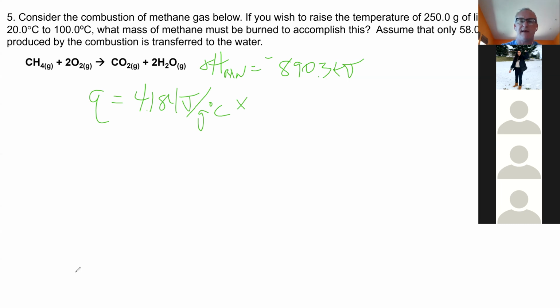What's the mass for this one? 250 grams. And what's the third thing we need? Change in temperature, delta T. Yep, 80. So how many joules is that?